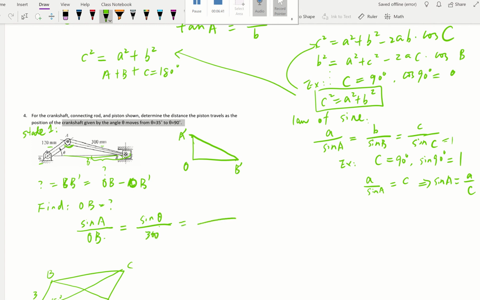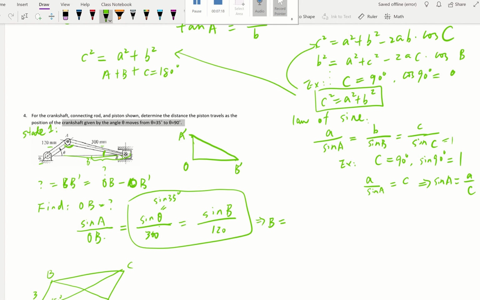I'm just going to continue to write it. And then we're going to know this 120 corresponding to this angle, right? Sine B. And the theta here is 35 degrees. So knowing those two, I can find our angle B. So that's what I would do. Cross multiply: 120 times sine 35, then divide by 300.